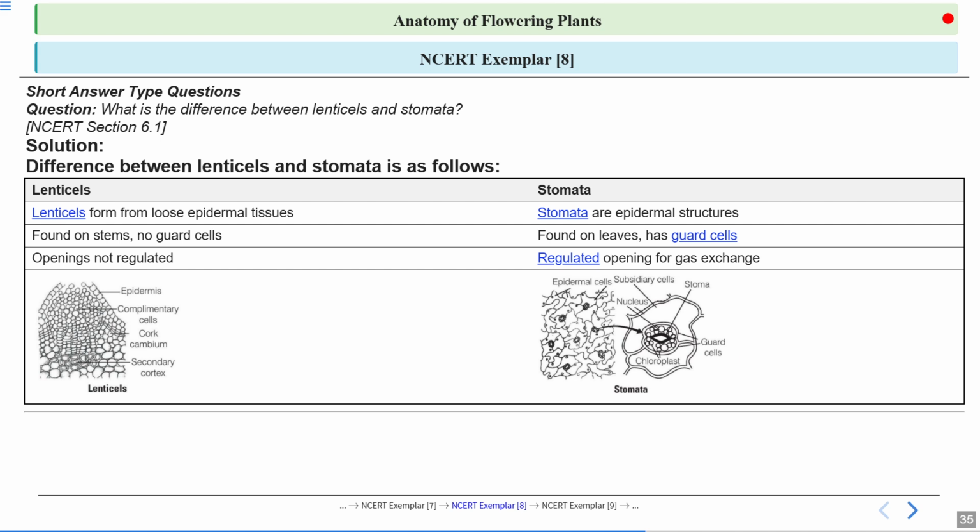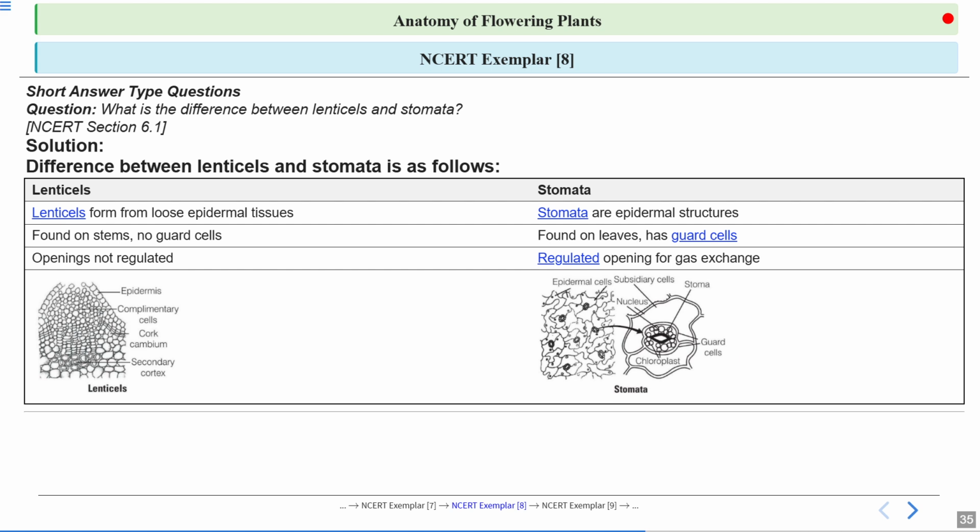Now, if you compare with the stomata, they have guard cells, but lenticels do not. Openings not regulated. Here, the opening is not regulated. Whenever they want to close, they cannot close, and whenever they want to open, they cannot. Such a thing never happens in the case of lenticels. So it is not regulated.